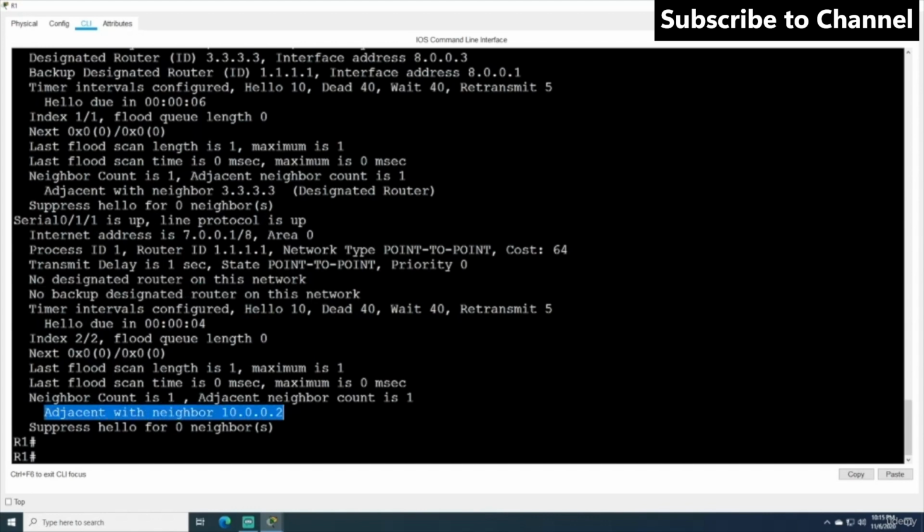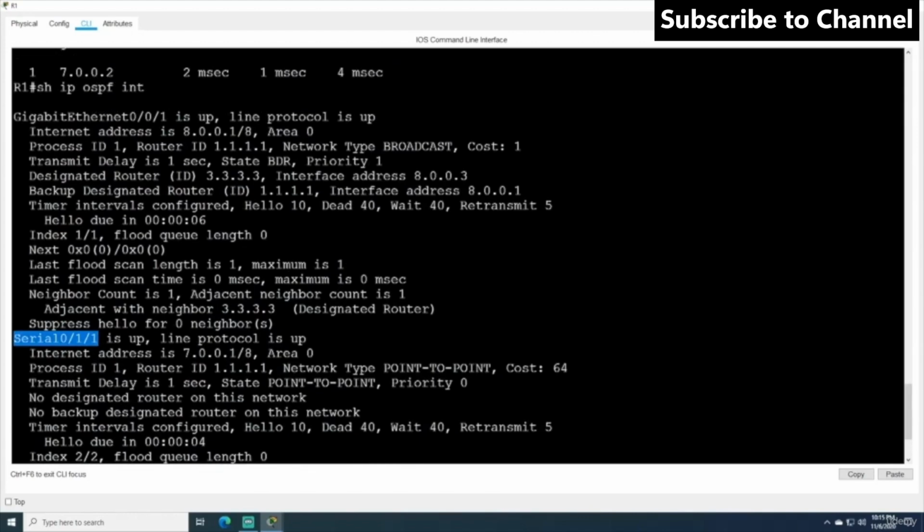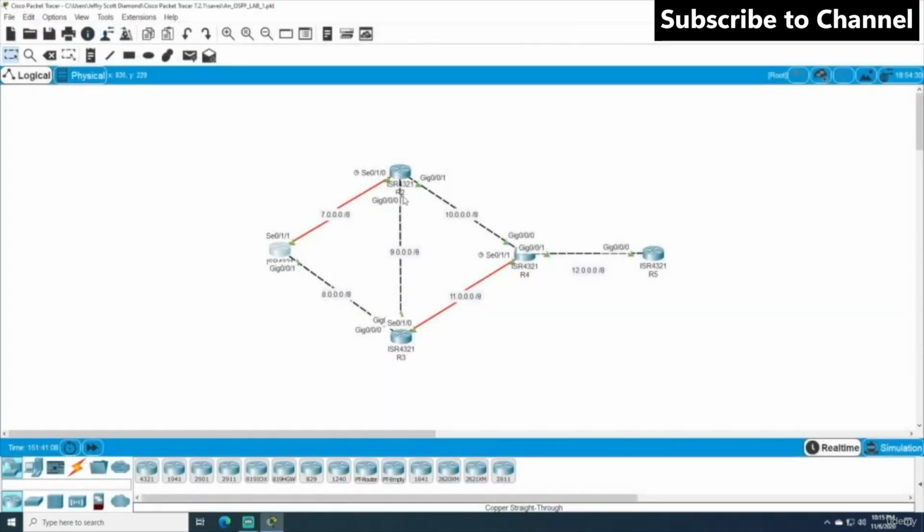And again, that's because OSPF has determined that this route over the serial link is so much slower than the gig links that it is better to take an indirect path to go to these other networks than to simply go across here.